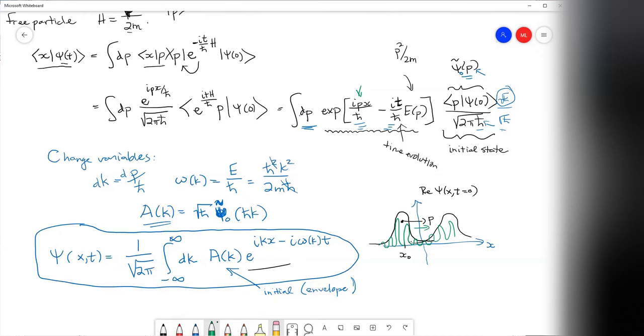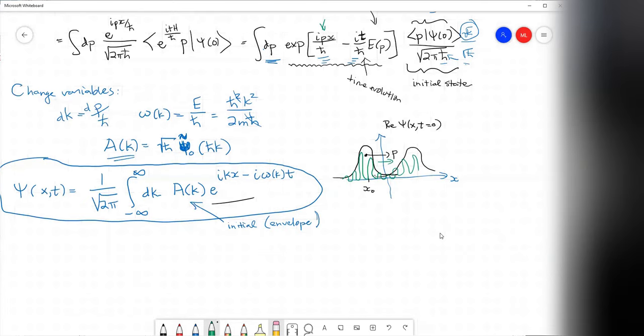And in recitation, I showed you that if you have a Gaussian, for instance, for the wave packet with some spread delta x, and you Fourier transform the initial state, which is going to be our A of k, modulo some factor of H bar, then as a function of k, you'll get another wave packet like this.